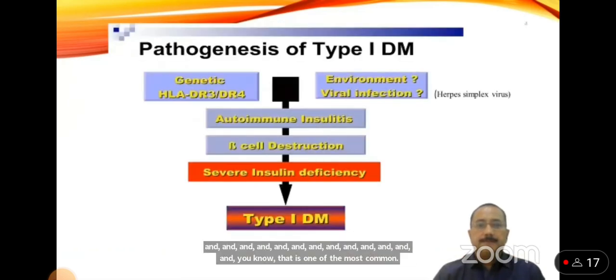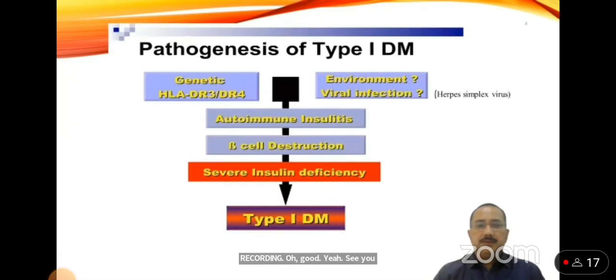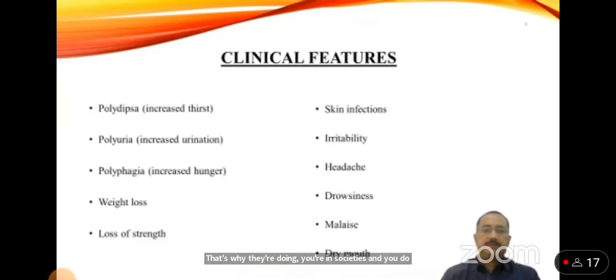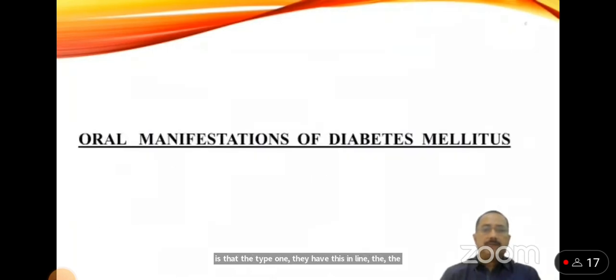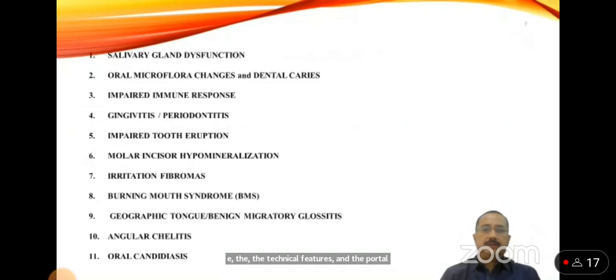Pathogenesis: severe insulin deficiency caused by autoimmune insulitis, due to which type 1 diabetes mellitus occurs in children. Clinical features: general clinical features and the oral manifestations of diabetes mellitus.